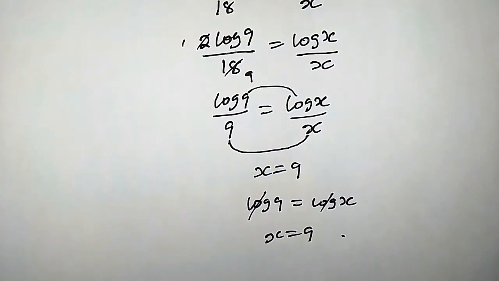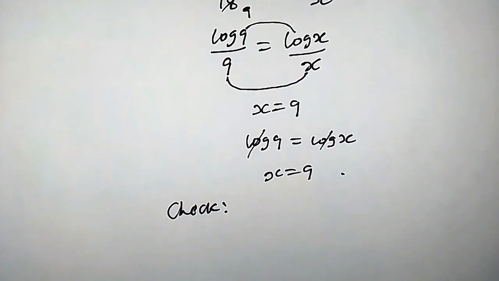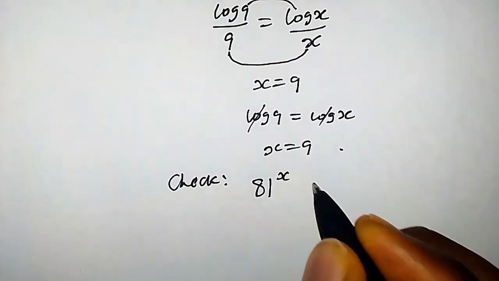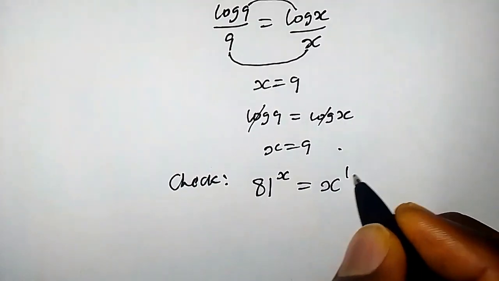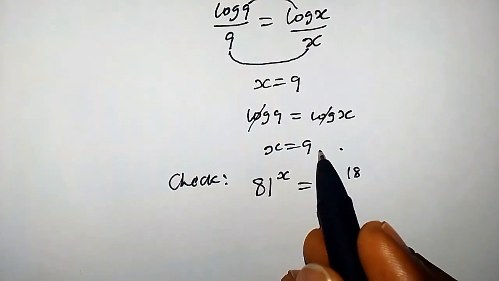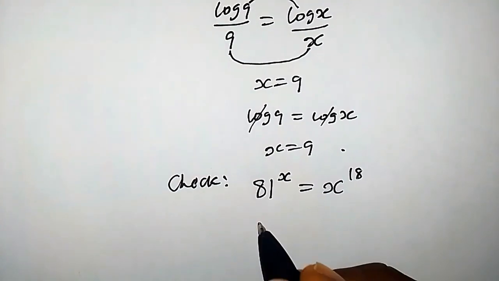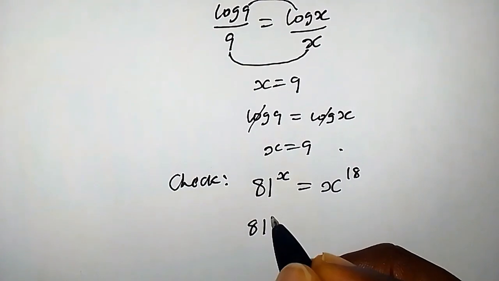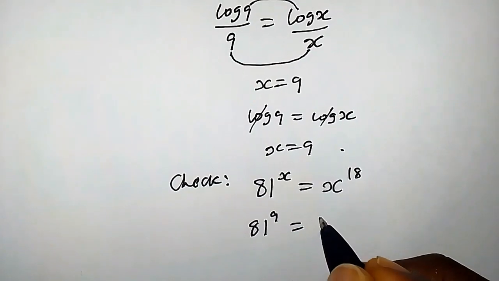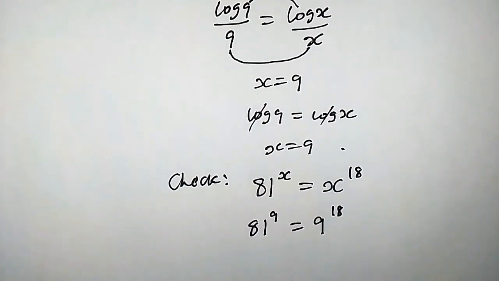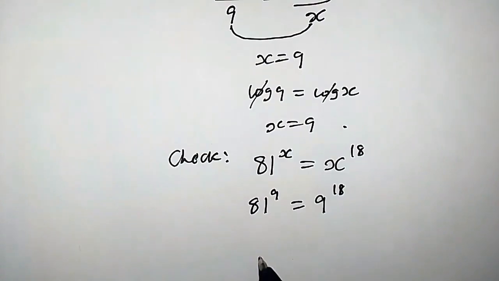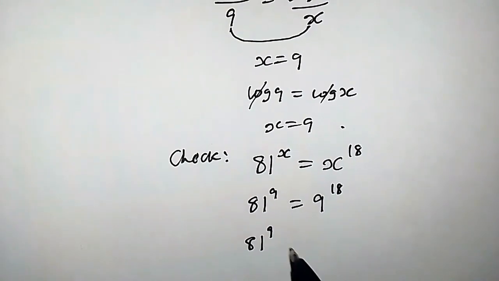So let's check if what we've done is right. The original question says 81 to the power of x equals x to the power of 18, and the value of x is 9. So we are going to plug it here. We're going to have 81 to the power of 9 equals 9 to the power of 18. So let's fix this left hand side. We have 81 to the power of 9.